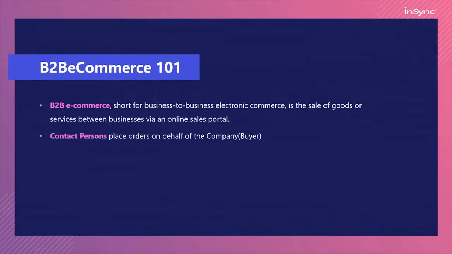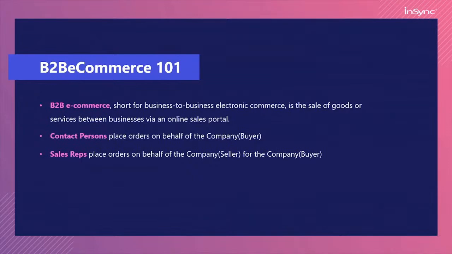In a B2B business, there are many aspects, like the contact person who places orders on behalf of the company, the buyer. A company can have many contact persons, and all of them can place orders on the B2B e-commerce portal on behalf of the buyer. Then we have sales reps who place orders on behalf of the company, the seller, for the company who is the buyer.